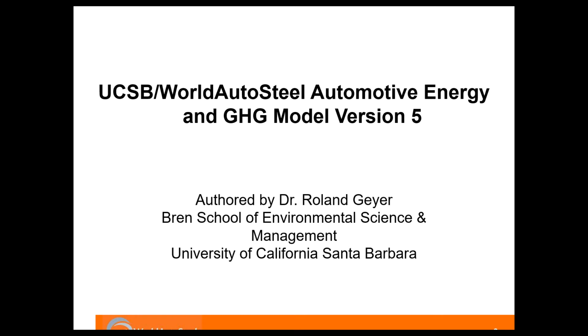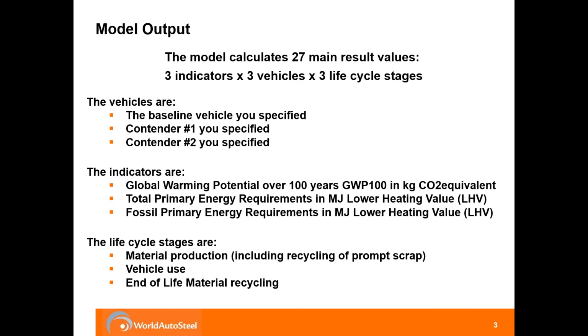As I said, this is a full vehicle model, and the idea of the model is to look at the effects of material substitution on the life cycle impact of a vehicle. The model calculates 27 main result values.